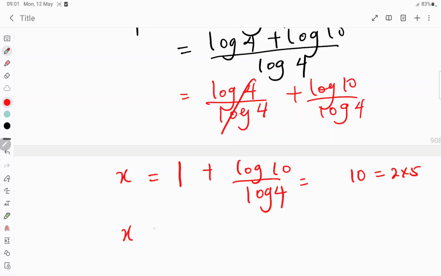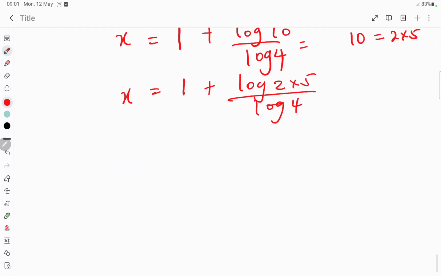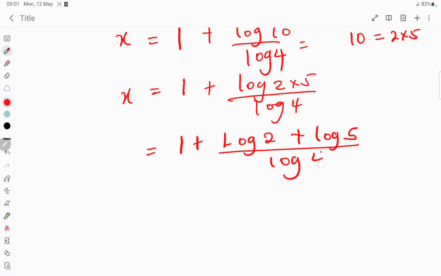So we'll have x is equal to 1 plus log of 2 times 5 divided by log 4. Okay, if you simplify, applying the same rule, you can now see 1 plus log 2 plus log 5, then divided by log 4.